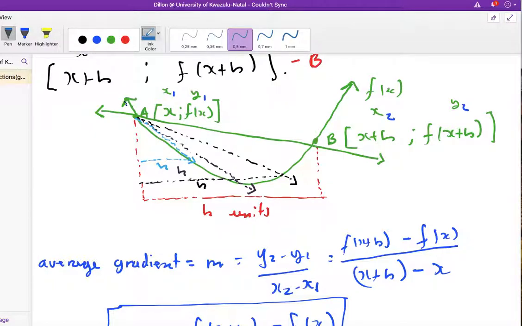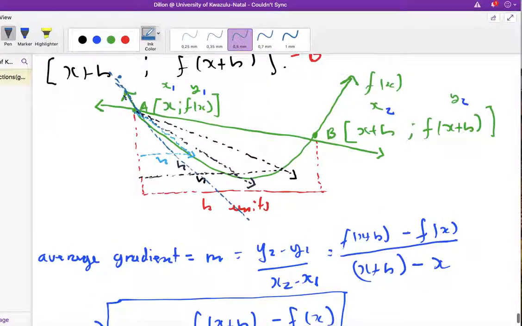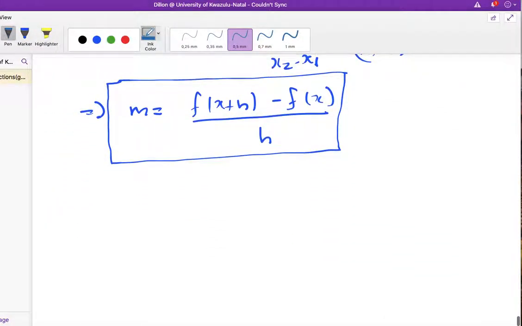So if we make h very small, eventually this straight line becomes a tangent to the curve at the point A. And here's this line here. Try to draw it to the best of my ability. So what happens is this.